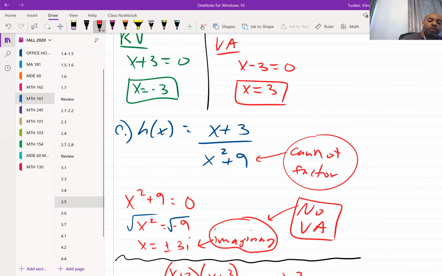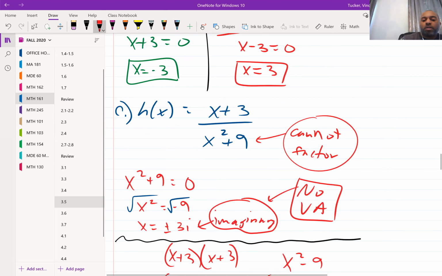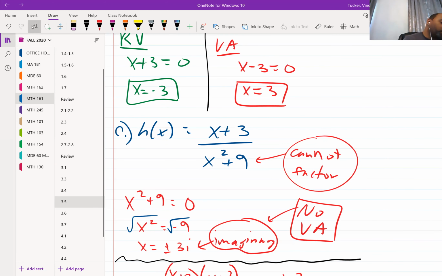So it means there's no vertical asymptotes. All right. Questions on vertical asymptotes?